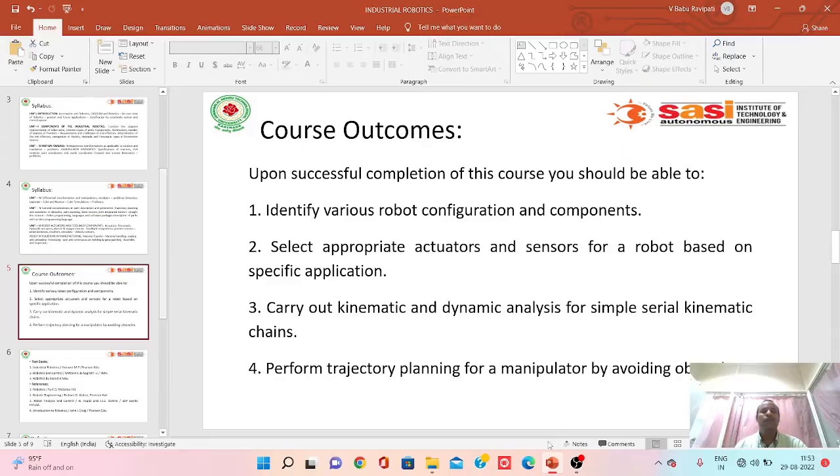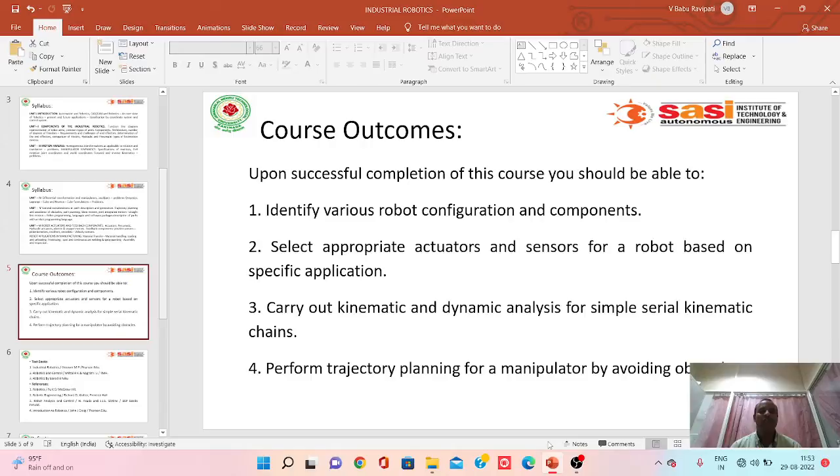And here we are having the course outcomes. Upon completion of this course, students are able to identify, the first one, various robot configuration and components that we covered in the first unit and the second unit. And then the second course outcome: select appropriate actuator and sensors for a robot based on specific application that we covered in the sixth unit.